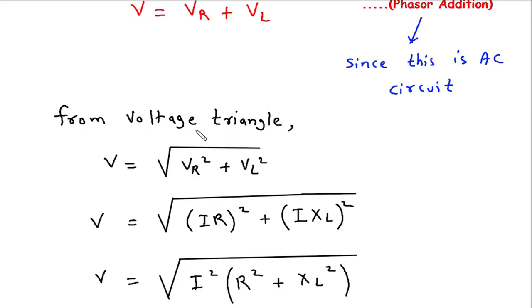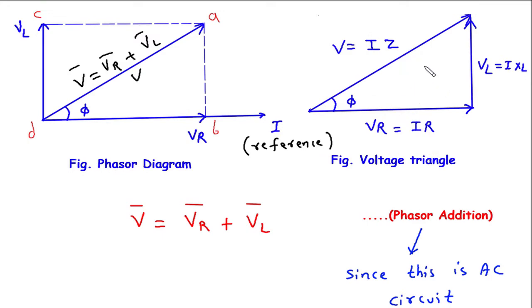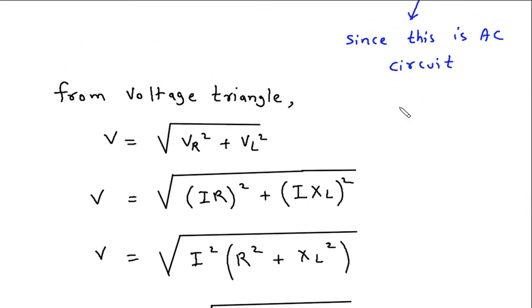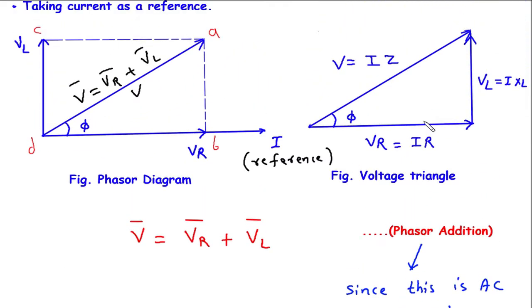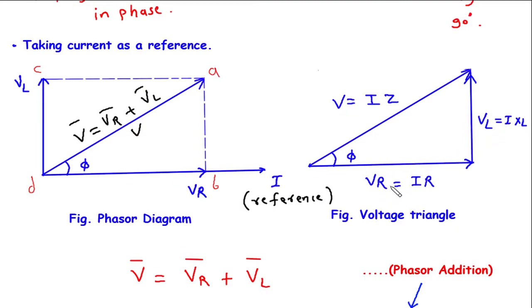Now from this voltage triangle, if we apply Pythagoras theorem, then, since V is the hypotenuse, V square is equal to VL square plus VR square.